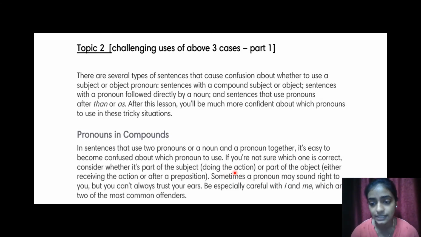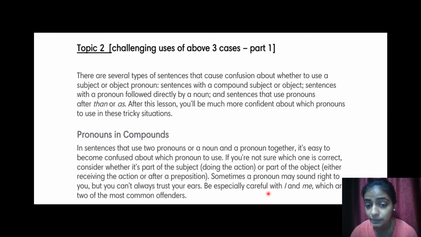So when one is not sure what pronoun to use, you have to consider whether it's part of the subject, which means it is doing the action, or whether it's part of the object, that would be either receiving the action or coming after a preposition. Because sometimes a pronoun may sound right to us, but you can't really trust your ears. It might sound right, but it may not be grammatically correct.